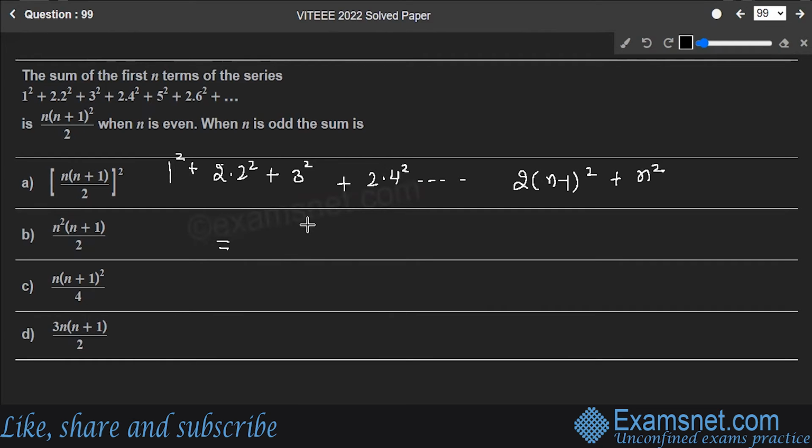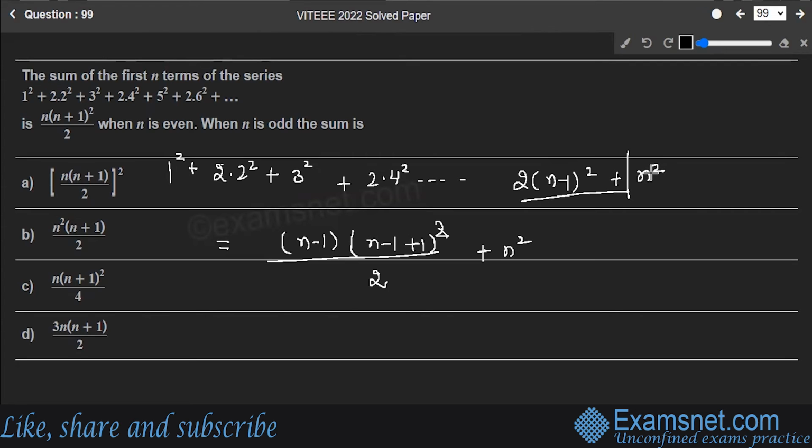Now if n is odd, the required sum will be given by (n minus 1)(n minus 1 plus 1) whole square upon 2 plus n square, because till here the sum is given by this formula.